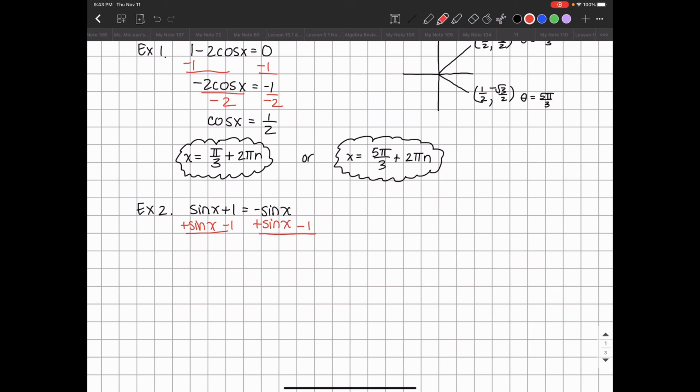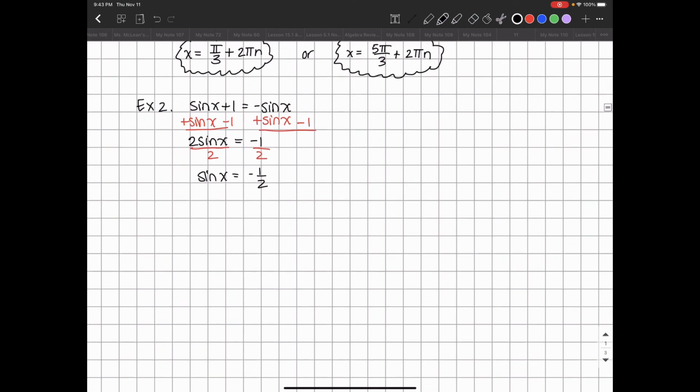So add sine of x and subtract 1. I'm going to end up with 2 sine of x on the left-hand side. The ones are going to cancel each other out and equal 0. On the other side, the sine of x's are going to cancel each other out, and then I have negative 1. Last thing I do to get sine of x by itself is divide by 2 on both sides, and I get sine of x is equal to negative 1/2.